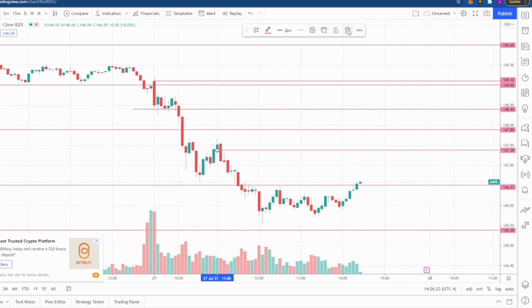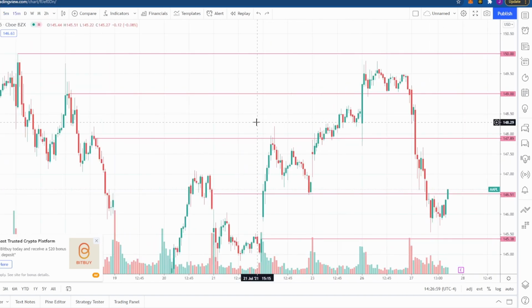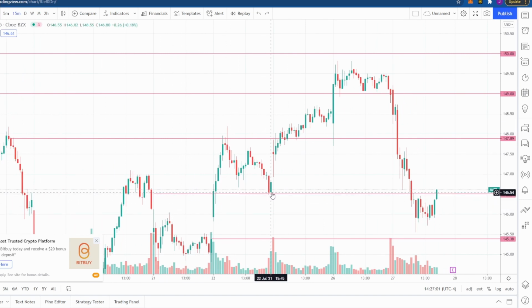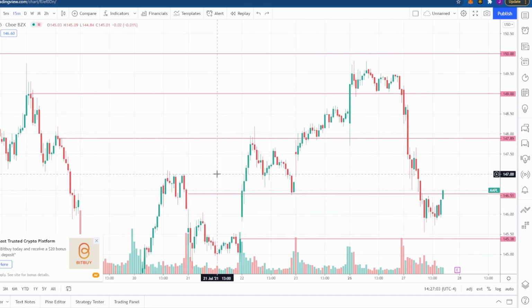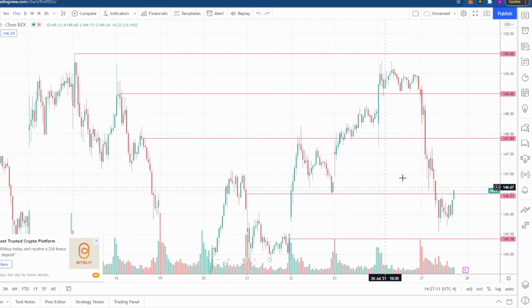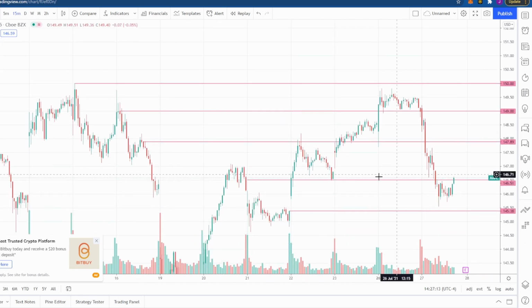And where does 146 come from? Okay, I think this comes from this low here, but I wonder why I would have that there. But anyways, regardless, it's an area. 146.50 is an area of importance. You can see here we chopped around here.